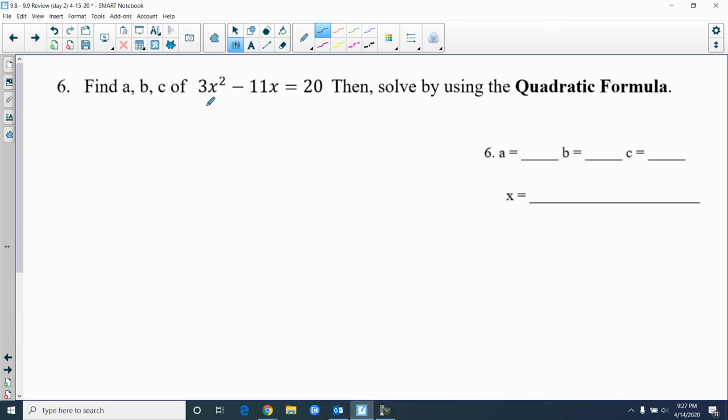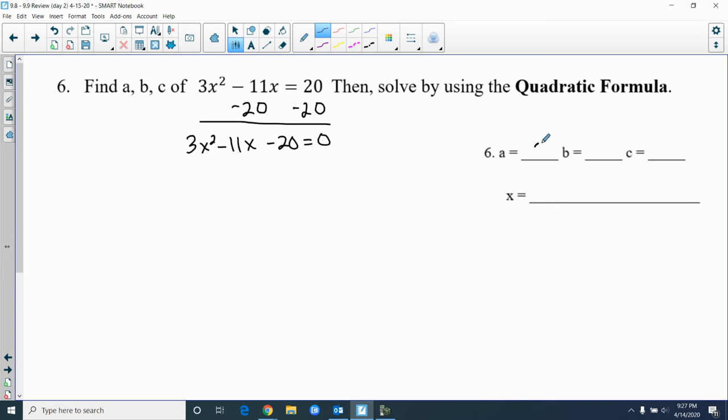Number 6. Key here, 3x squared minus 11x equals 20. In order to use the quadratic formula, it has to equal 0. So for this case, subtract 20, and you're going to get 3x squared minus 11x minus 20 equals 0.